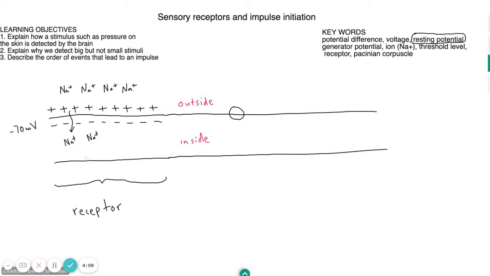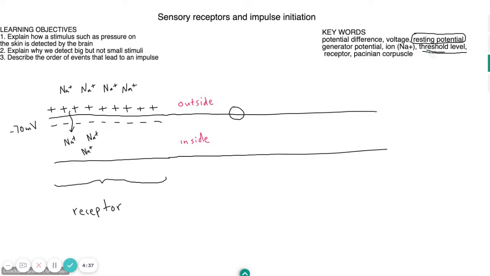If enough sodium ions leak in, the charge is going to become less negative. It's going to move from minus 70 to minus 65 to minus 60 to minus 55. And if it gets to minus 55, this is a really important moment, because this is called the threshold level.